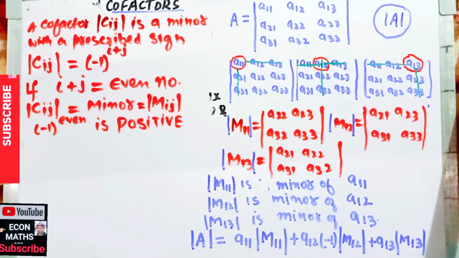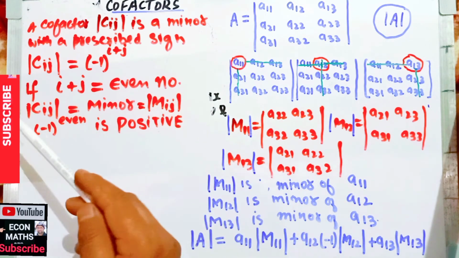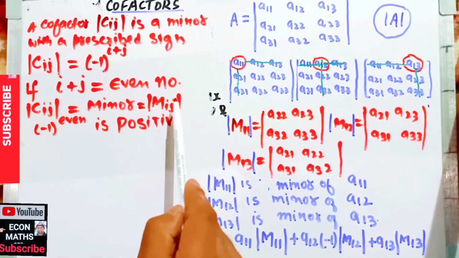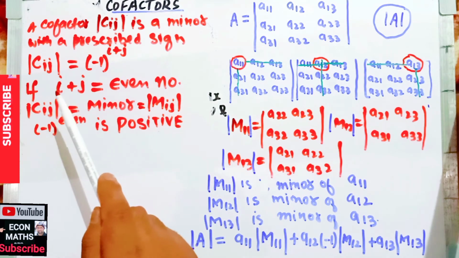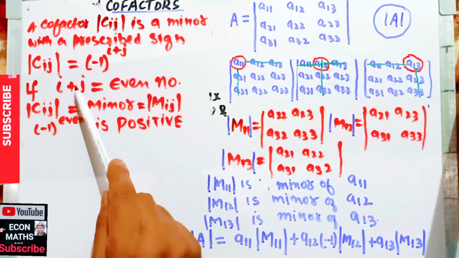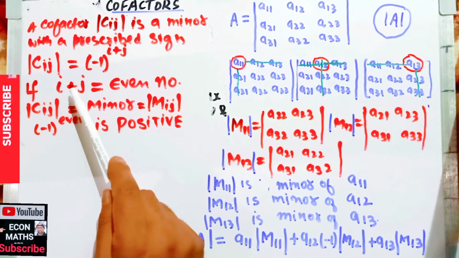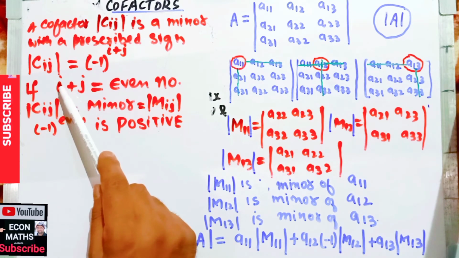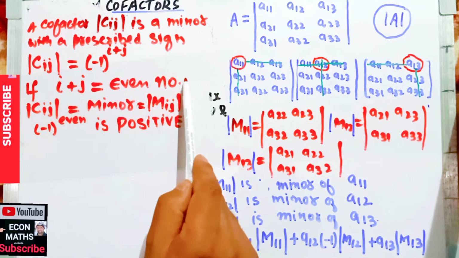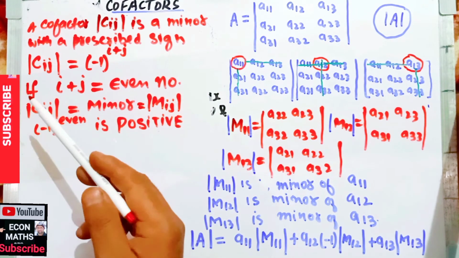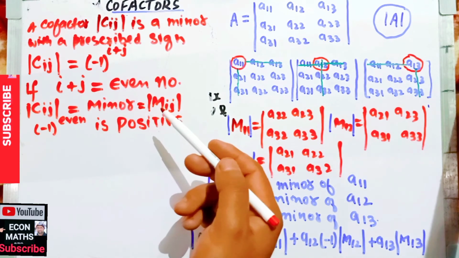So we can say there is no difference between a cofactor and a minor when the sum of the ith row and jth column numbers is an even number.